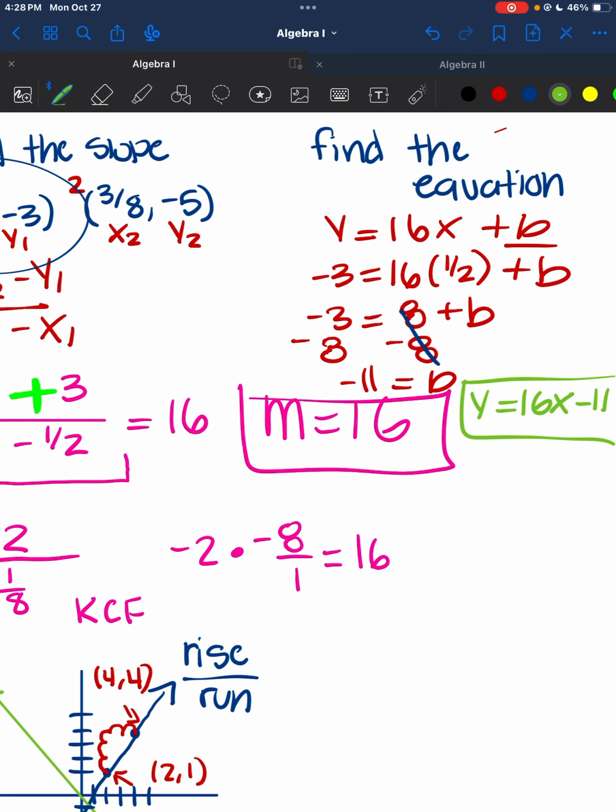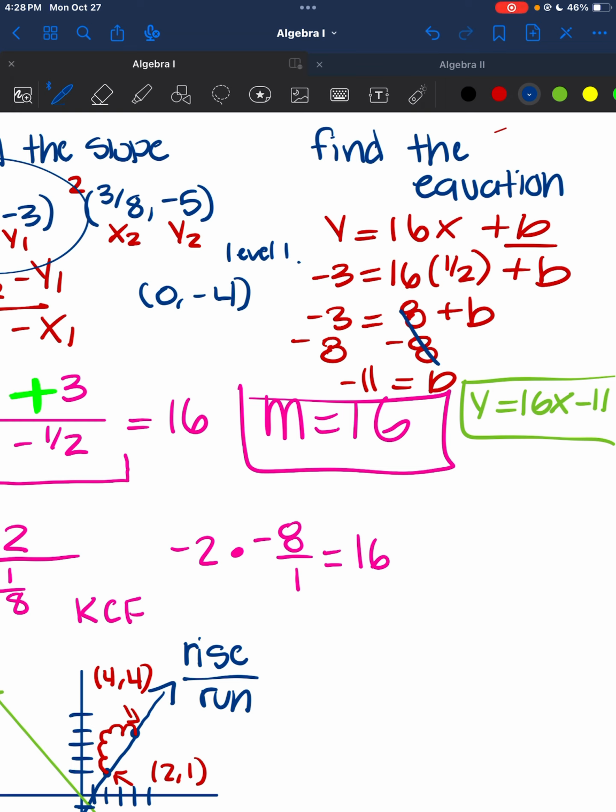If you had a point 0, comma, -4, well, you don't even need to solve anything. These are level 1. There's no thinking involved besides slope. If I had one where it said 0, comma, -4, anything 0, comma, something is always going to be your y-intercept.